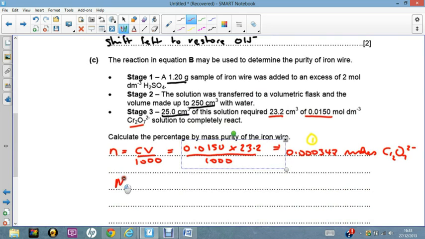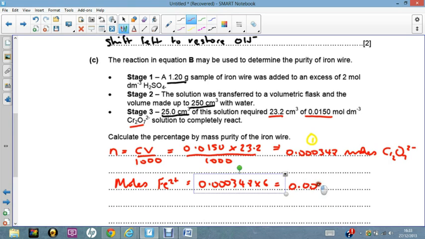So I'm going to do, okay, so I've got my moles of Fe2 plus, but that is of course in 25 centimetres cubed.